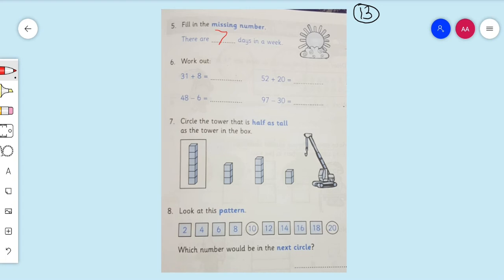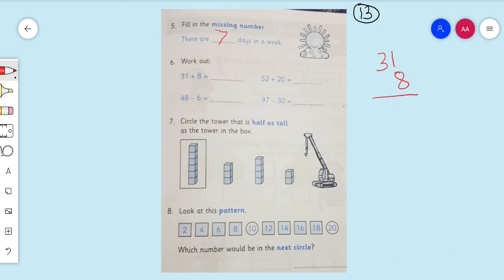Now let's do question number 6. It says work out. So first equation is 31 plus 8. So the bigger number goes on the top, which is 31. So we write 31, and the smaller number goes down, which is 8. So we write 8 down here and put a line.